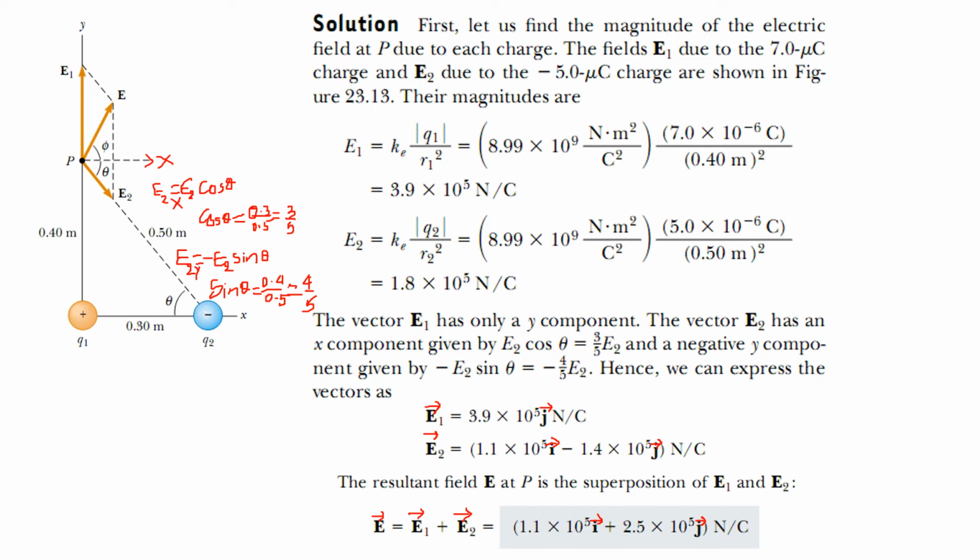Then you may determine the magnitude of this electric field to be equal to the square root of Ex squared plus Ey squared. Then you may take the square root of 1.1 times 10 to the power 5 squared plus 2.5 times 10 to the power 5 squared in Newton per Coulomb.